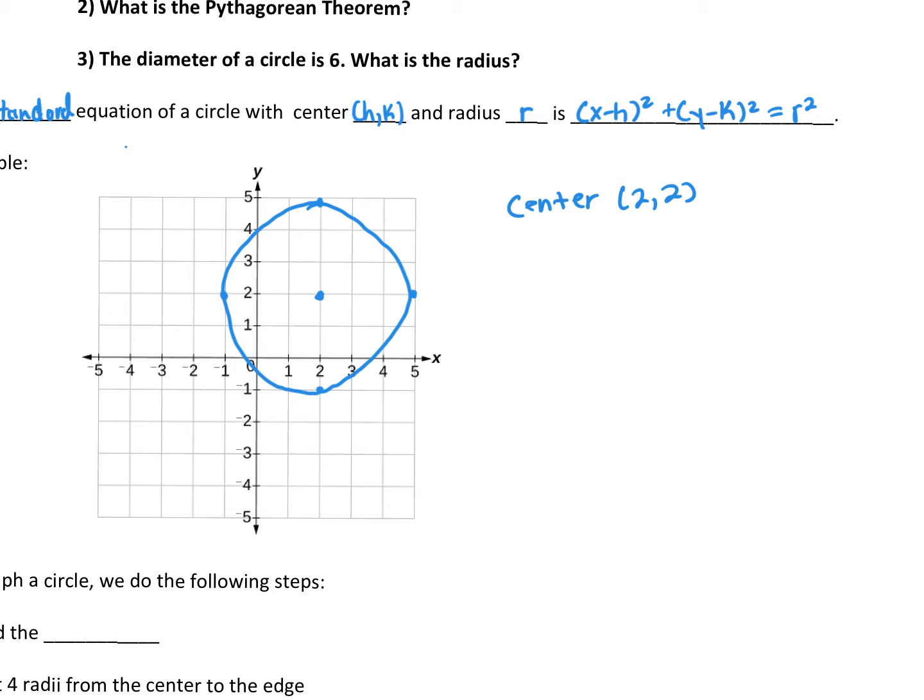And our radius is 3. So to put it into the equation, we put x minus center, the first one, being 2 squared, plus y minus the second one, 2 squared. And we equal that to the radius. Radius being 3, we need to square the 3, which is 9.